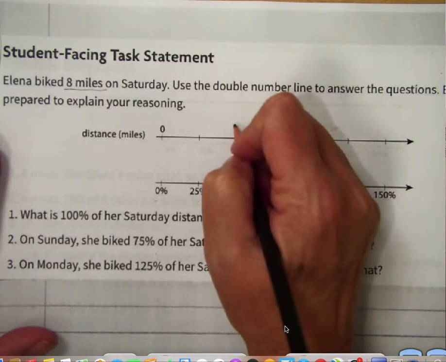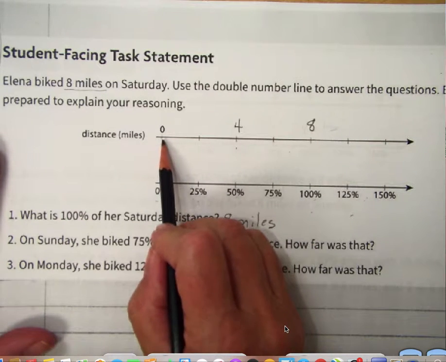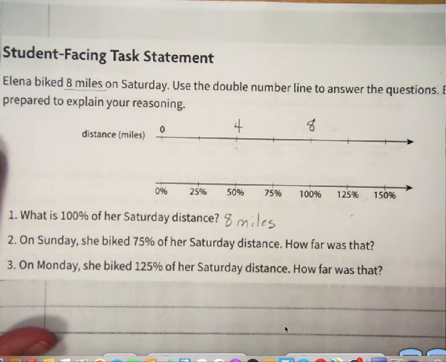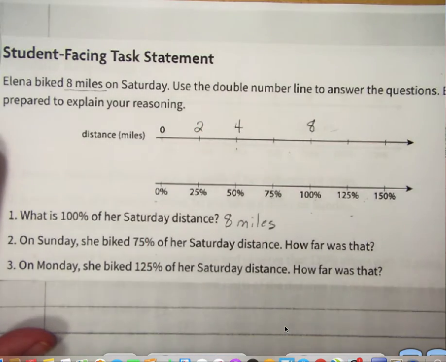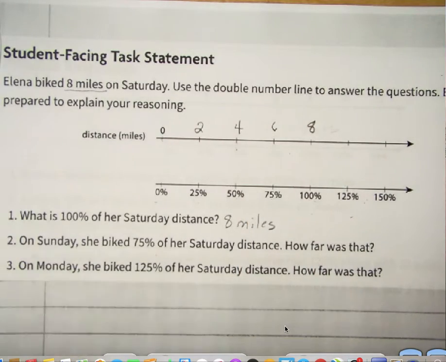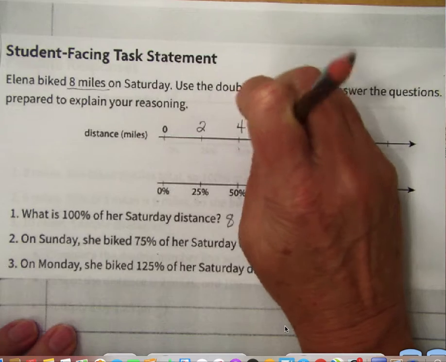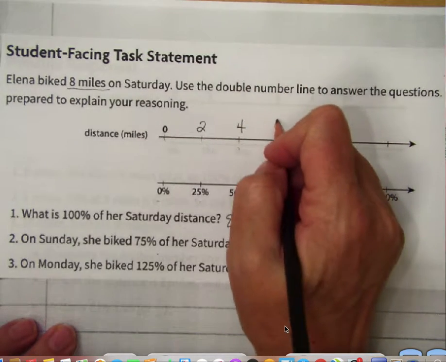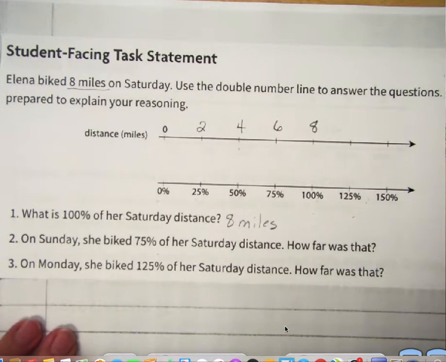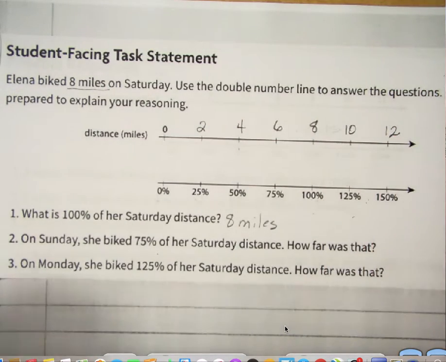If you said 4, you would be correct. Okay? Well, same thing here. What's halfway between 0 and 4? That's going to be 2. Halfway between 4 and 8, that's going to be 6. By now, you should begin to see a pattern. What is the pattern? What are you skip counting by? Well, you're skip counting by 2s. So I'm going to go ahead and finish this double number line. Okay?